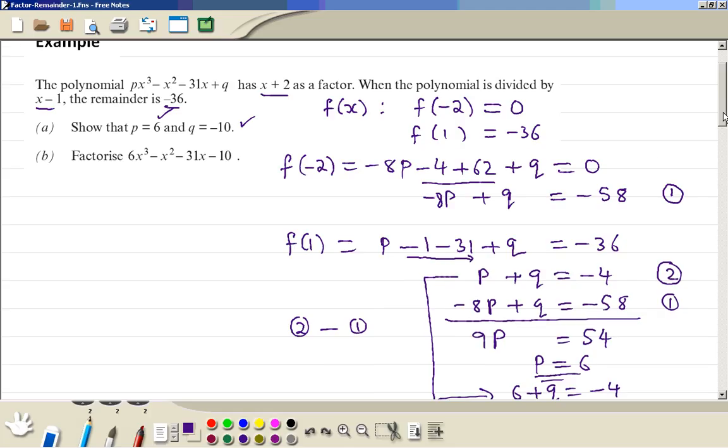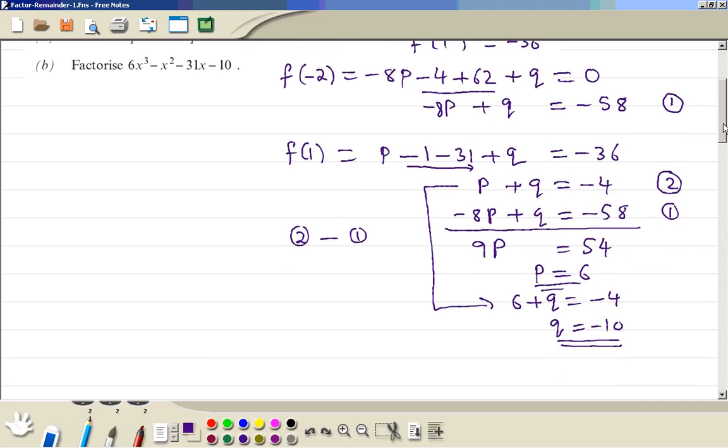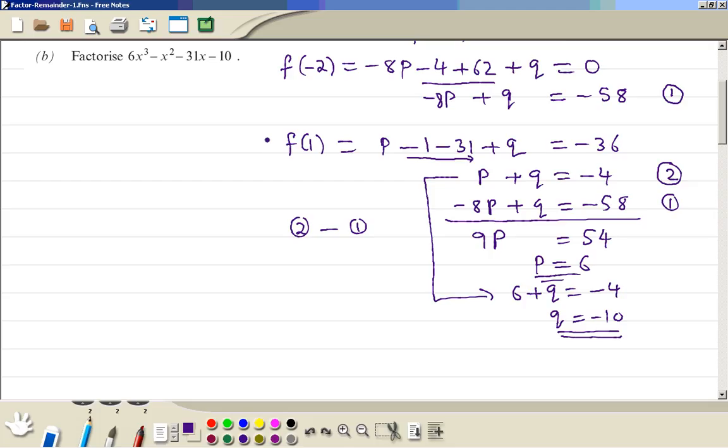Then part B, so we're going to factorize this. And we know x plus 2 is a factor. So one method is we do the long division. 6x cubed minus x squared minus 31x minus 10.